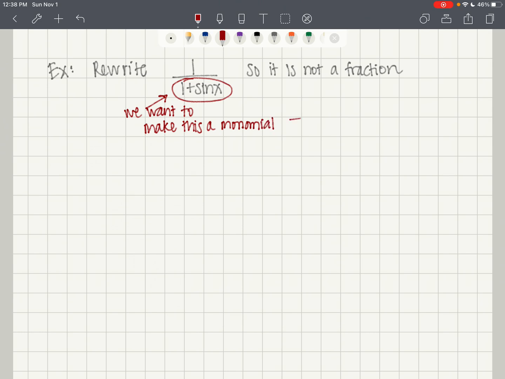And you can make it a monomial by multiplying by the conjugate. So multiply by its conjugate.